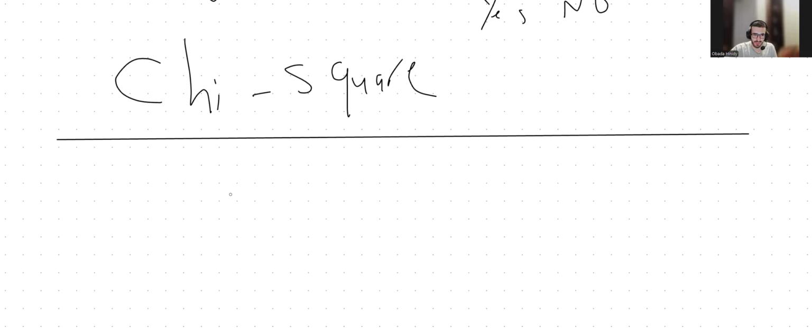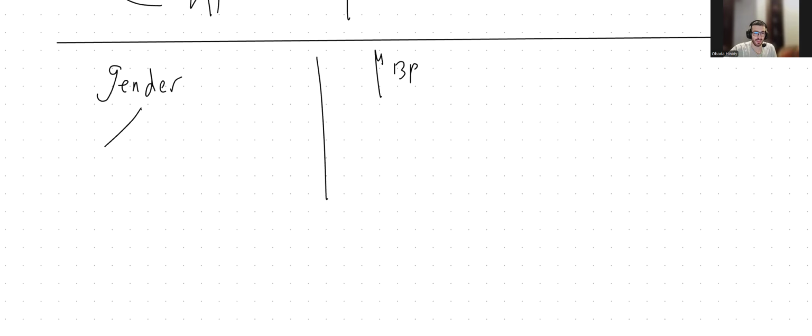So I have gender as my independent variable, and the mean blood pressure is my dependent variable. Of course, as we discussed earlier, gender can be either male or female, but mean blood pressure, it can take a lot of things. It's not categorical, it's a numerical value. It can take an infinite amount of values.